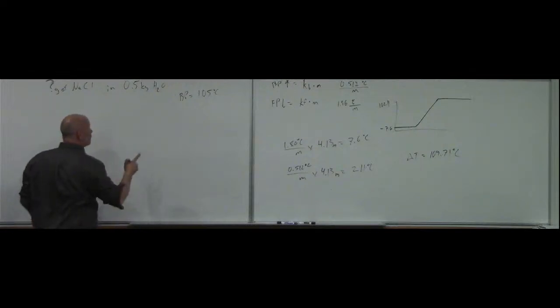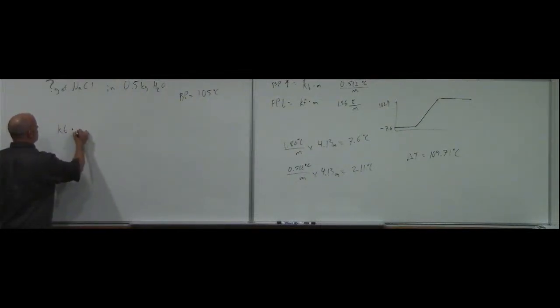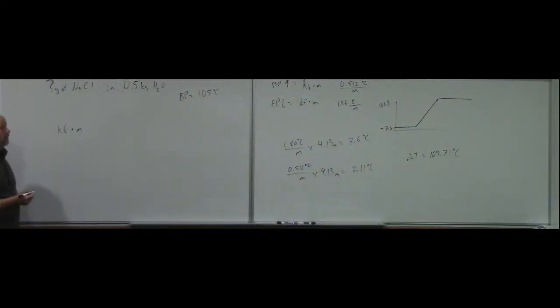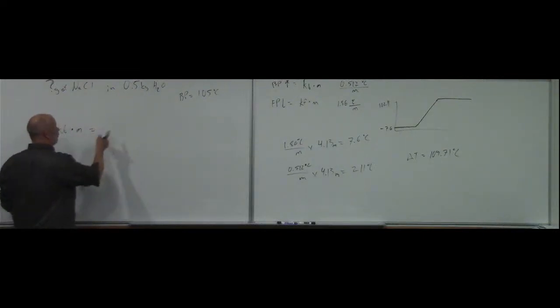Okay, so we've got to think about this. It's not too complicated. My boiling point elevation is simply my Kb times my molality. I know here that Kb times m equals 5.